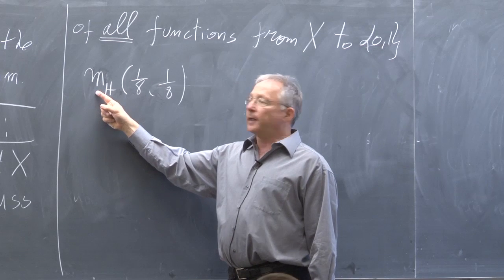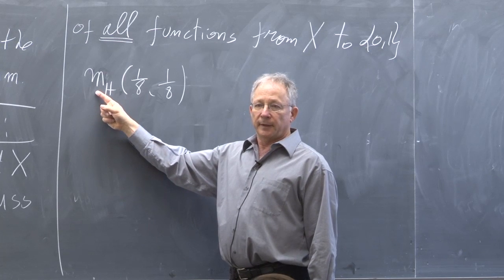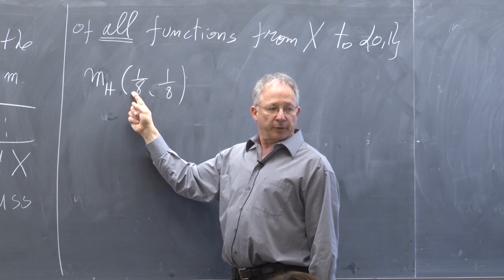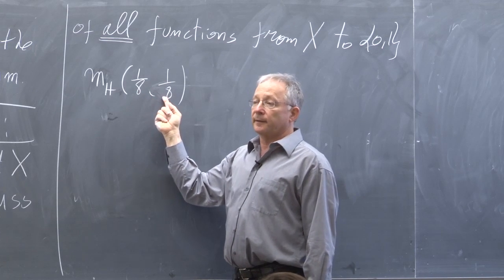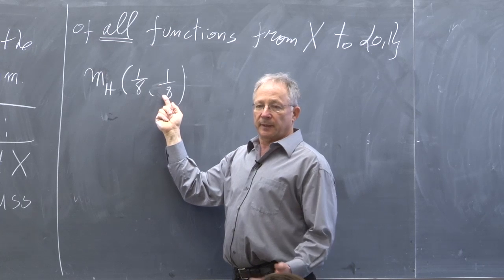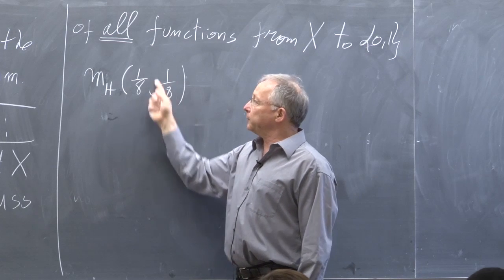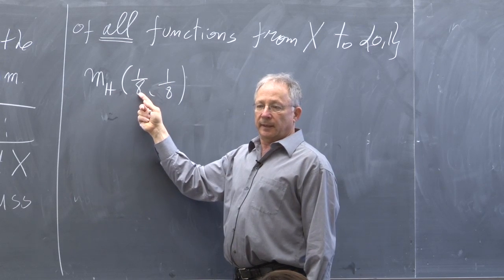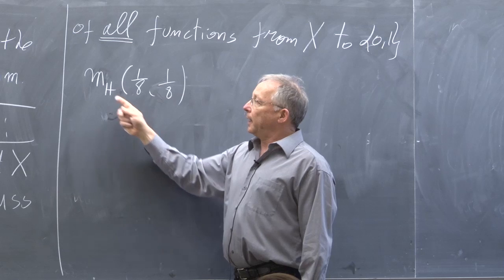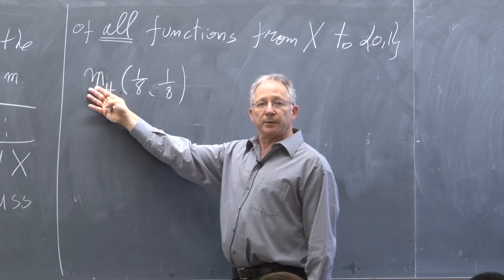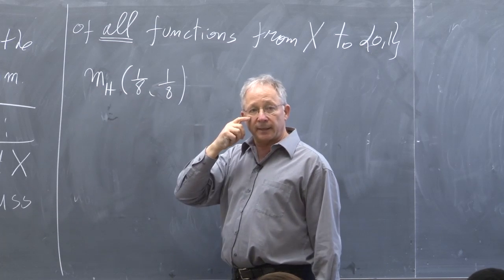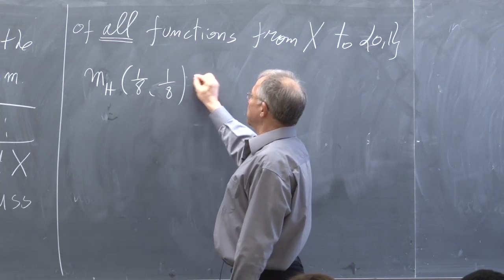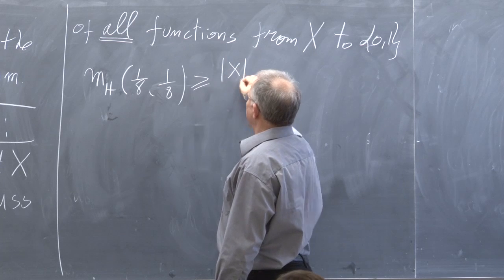It is the minimum number of examples that I need in order to guarantee accuracy 1/8 with confidence 7/8. I mean, the probability of failure is at most 1/8. The precision is 1/8 or better. I want to ask how many examples I need to guarantee such success with any algorithm. And the claim is that this should be at least the size of X over 2.